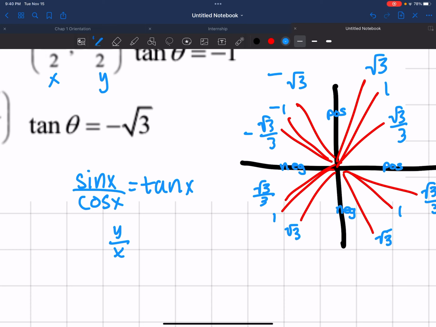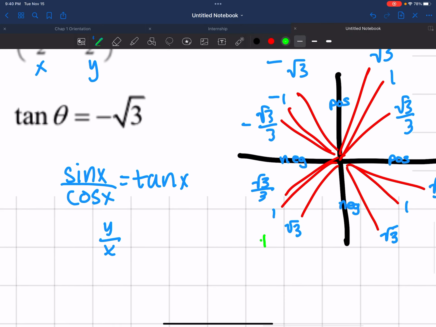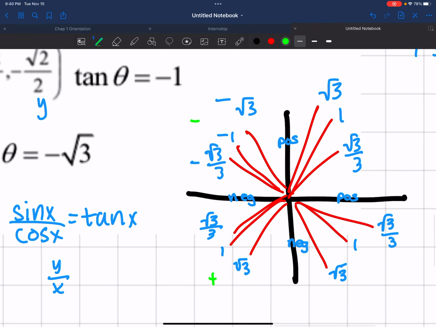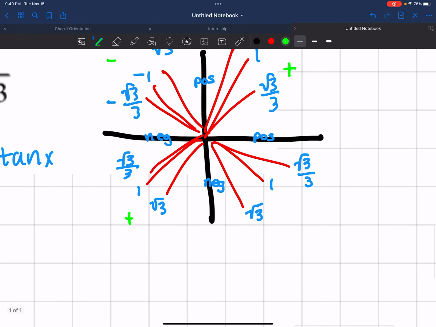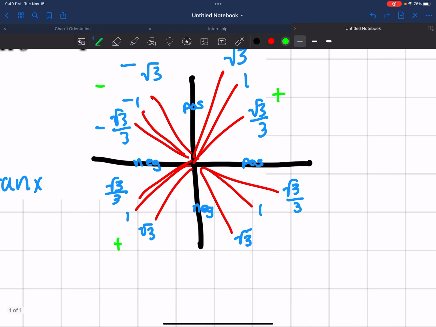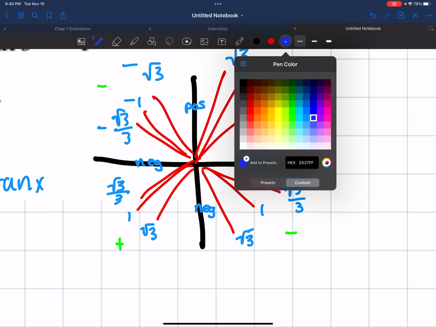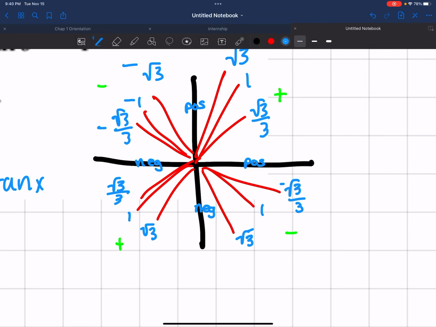So this quadrant is going to be positive. Actually, I'll do that too. This quadrant, though, you're dividing a negative by a positive, so that's going to get you negative. Oh, wait, one more thing. Negative, negative, negative.